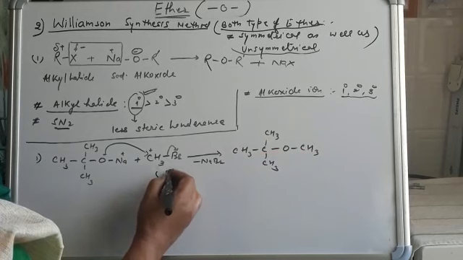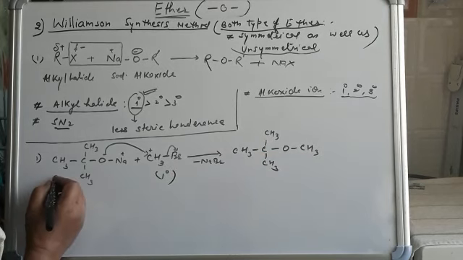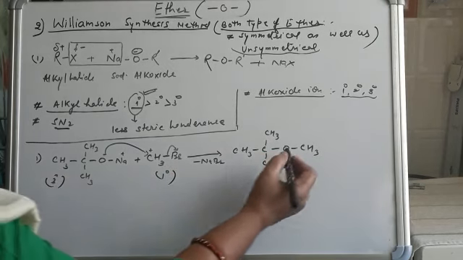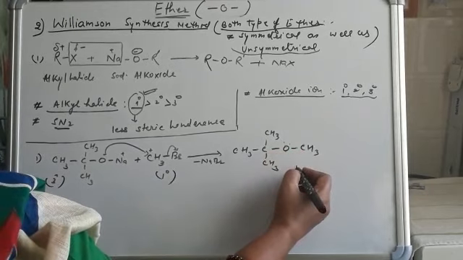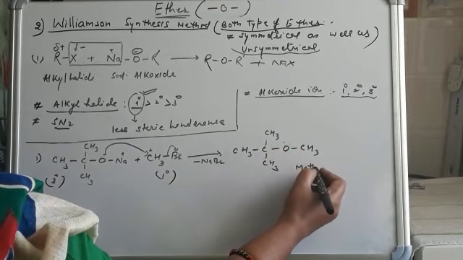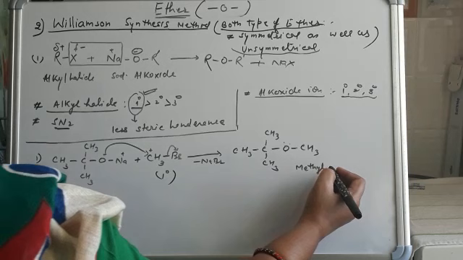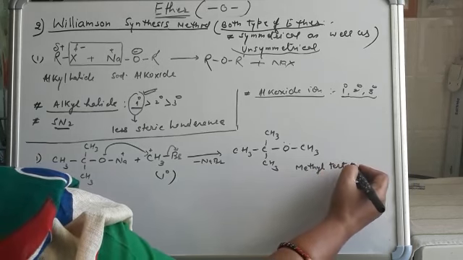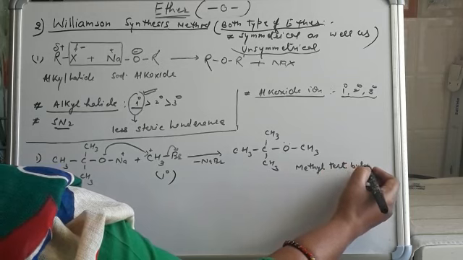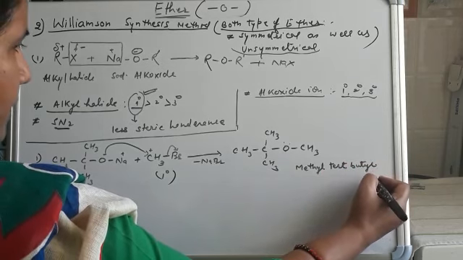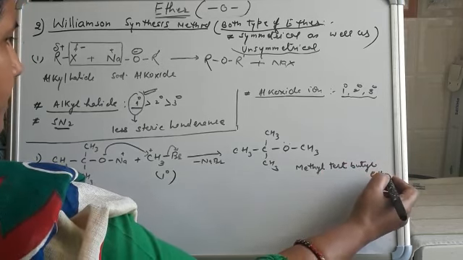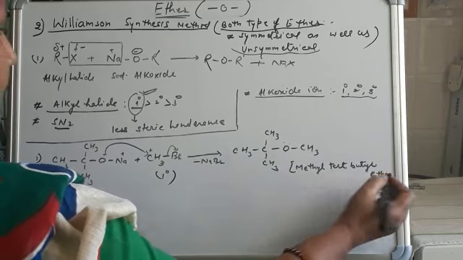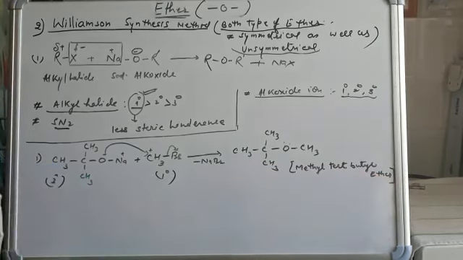Alkyl halide is 1 degree and alkoxide ion is 3 degree. So methyl tertiary butyl ether will form.